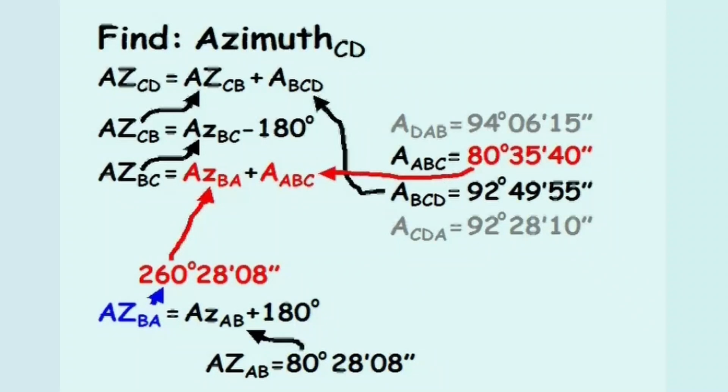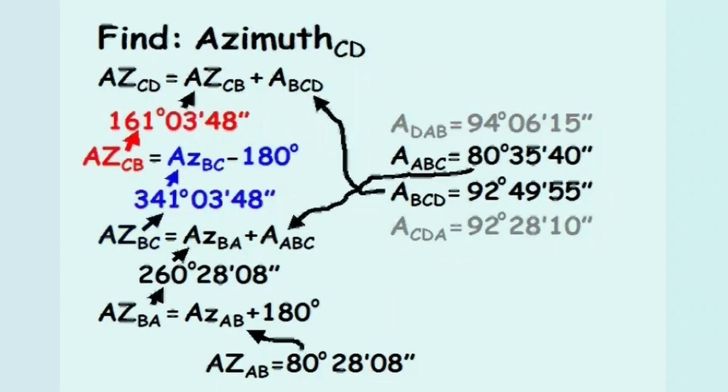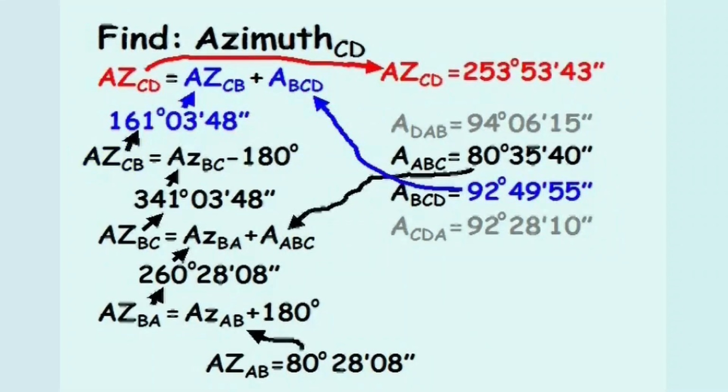The true azimuth of course BC equals 341 degrees, 3 minutes, 48 seconds. The true azimuth of course CB equals 161 degrees, 3 minutes, 48 seconds. And finally, the true azimuth of course CD equals 253 degrees, 53 minutes, 43 seconds.